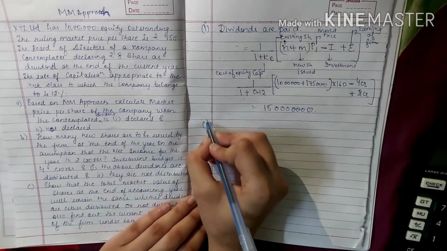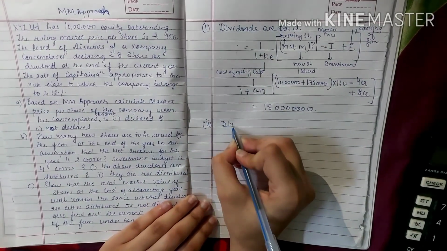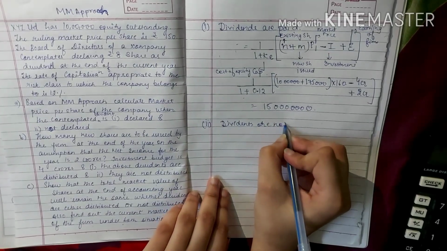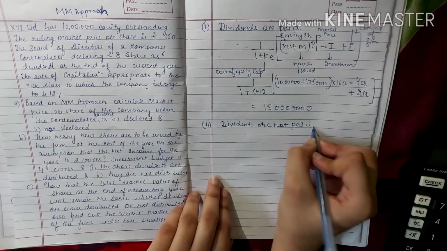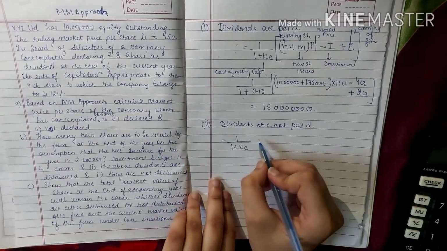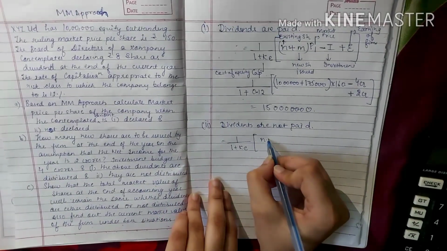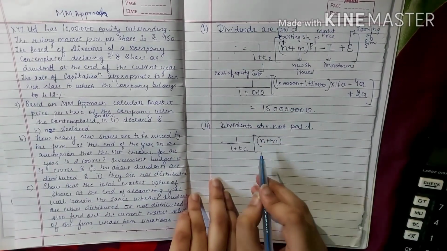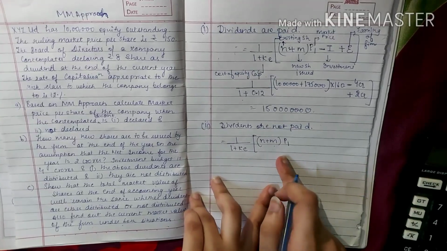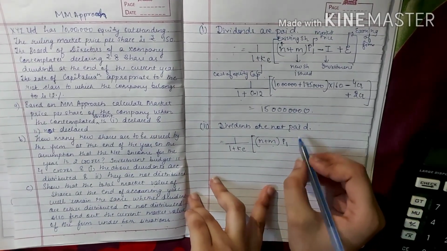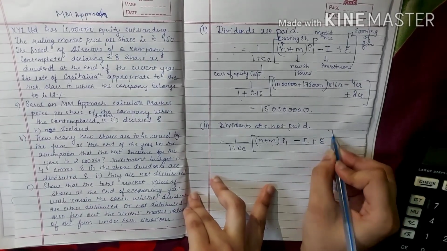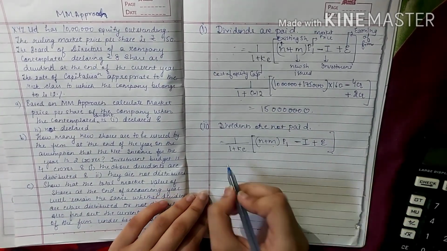Now second, the value of the firm when dividends are not paid. Again using the same formula, 1 upon 1 plus KE, bracket N plus M. N is the existing shares, M is the new shares issued. P1 is the market price of the shares when dividends are not paid. Minus I, that is investment, and E is the earning of the firm or net income.